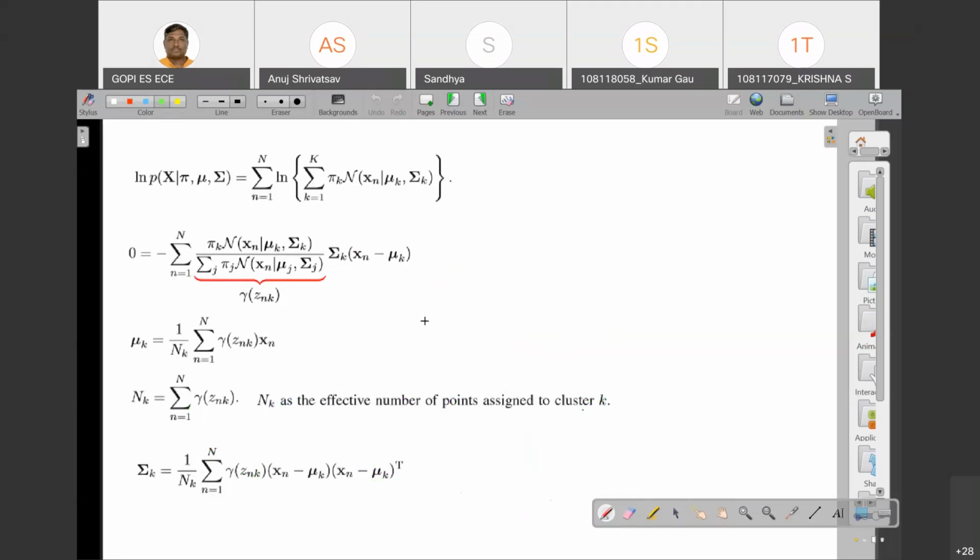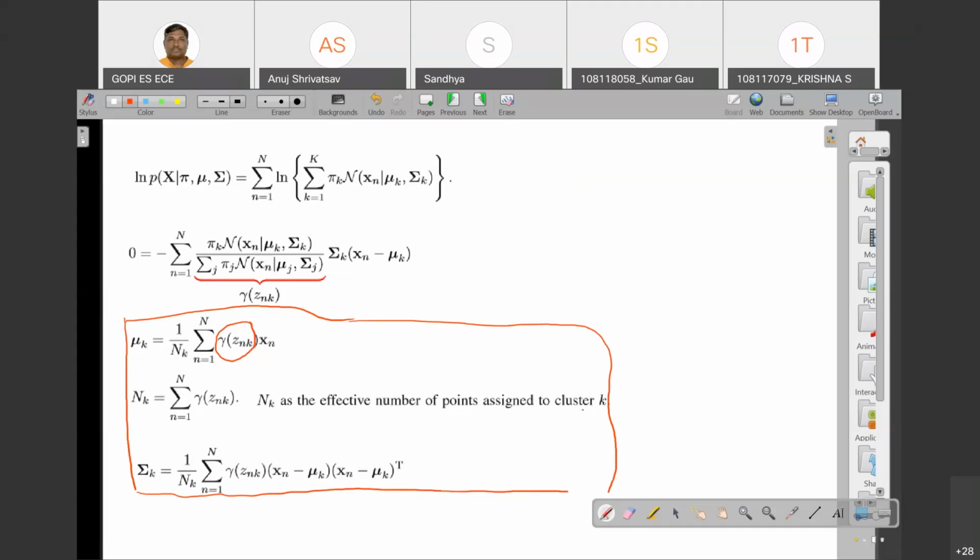In case of HMM, we had gamma and zeta and all, but in case of GMM, we have only one gamma. Gamma alone is enough. This is the expectation stage, where we get the values of mu k and sigma k in terms of gamma.